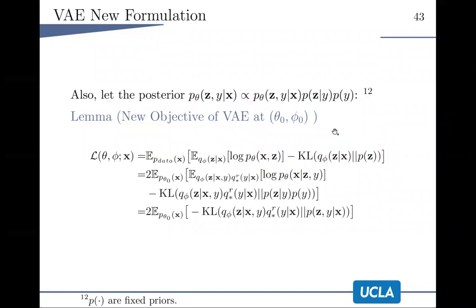And of course, there's a very obvious posterior, like we can see that this is proportional to, and this is how we define it to be. And this is the equation of the new objective.